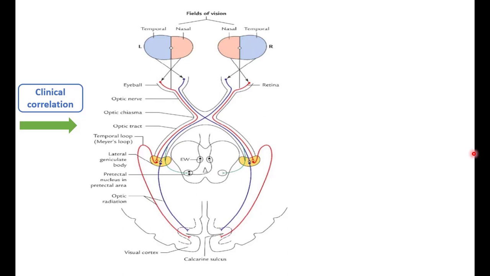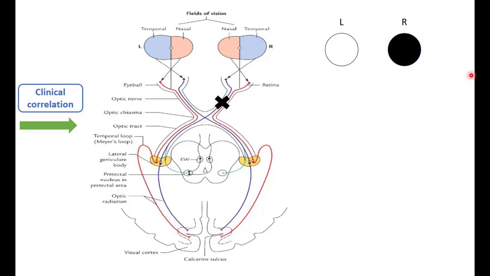You can see this figure again, and if any damage or cut or anything happens in the optic nerve, we cannot see the ipsilateral field of vision, and our vision will be just like this.